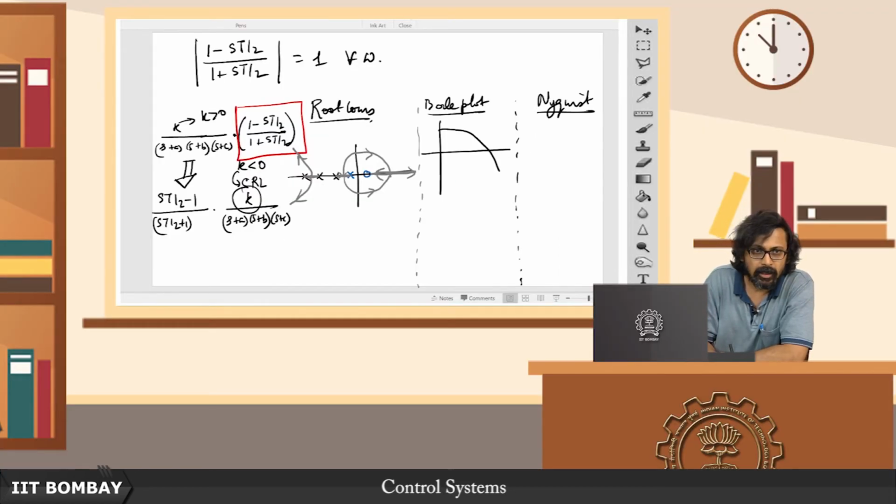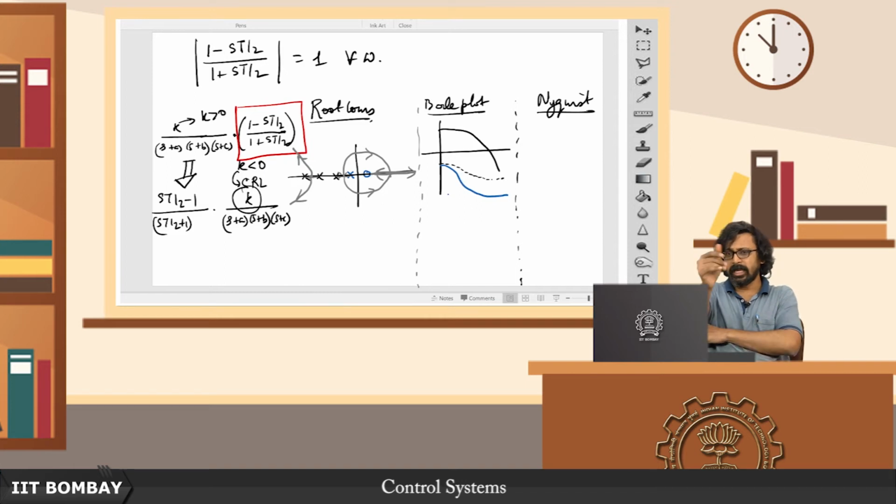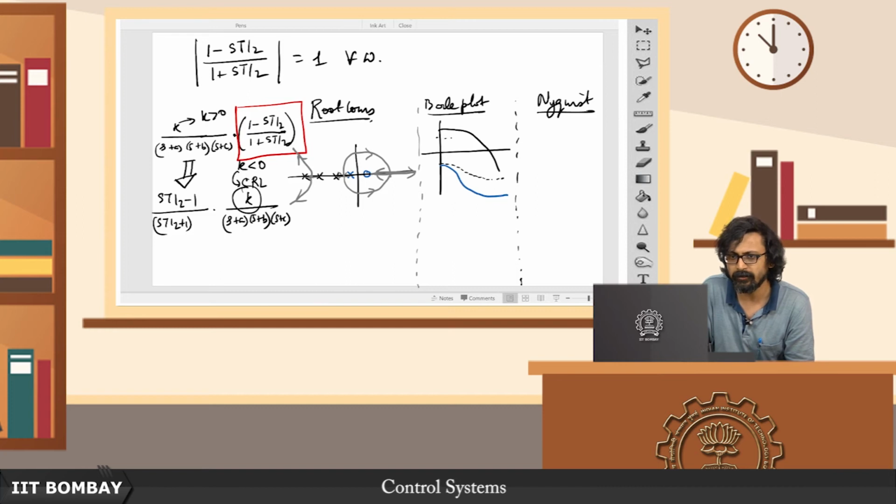So let me draw the earlier phase as well. Let us say this is my earlier phase which was going to minus 270 degrees. Now this phase will be brought down a further 180 degrees, so it will go to 270 plus another 180, 450 degrees. So you see the phase plot will be brought down further. What effect does this have? Well, the gain crossover frequency does not change, because the gain plot is unaffected.